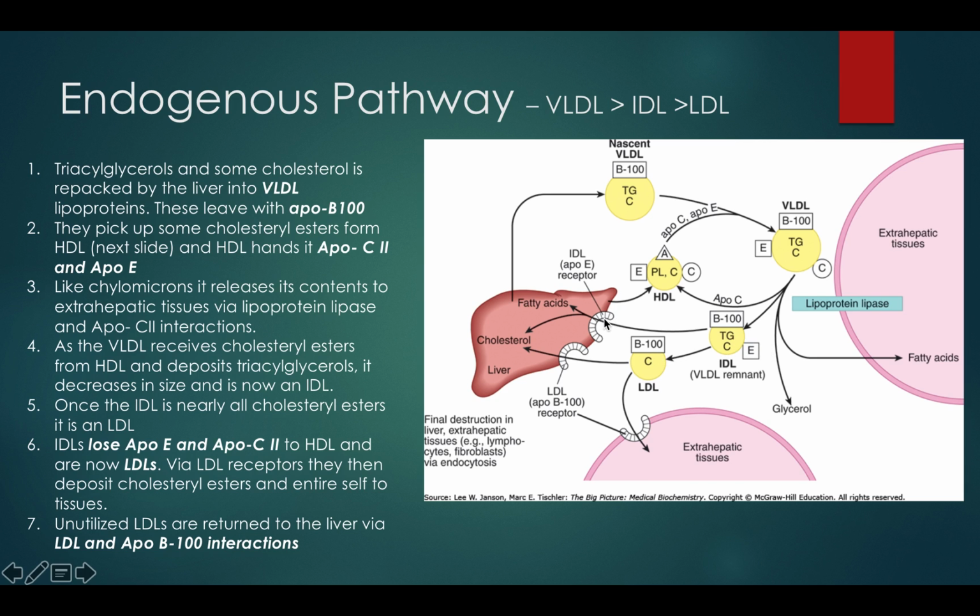At that point it loses its E, it loses its C, and now it just has this B100, and that B100 acts to work with LDL receptors and delivers, at this point, cholesterol to extrahepatic tissues. So if it's still in the bloodstream, hasn't found anything to take it up, then it goes to the liver.